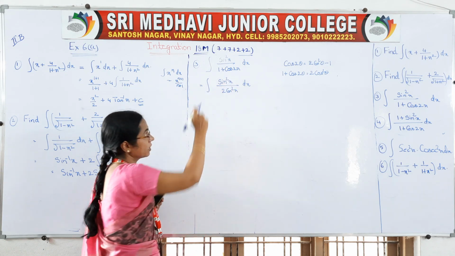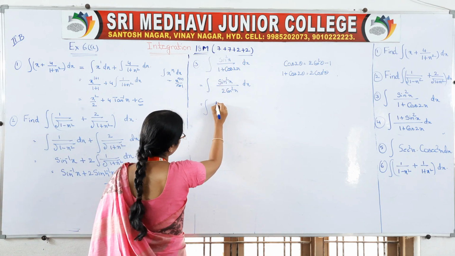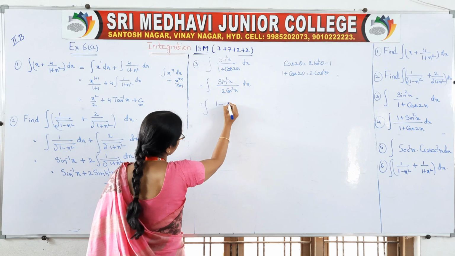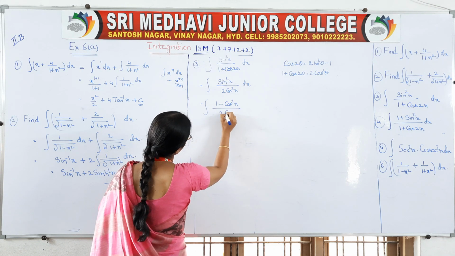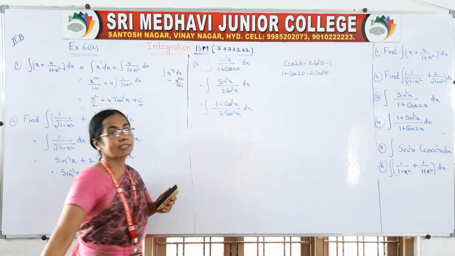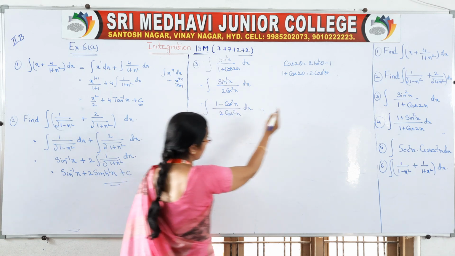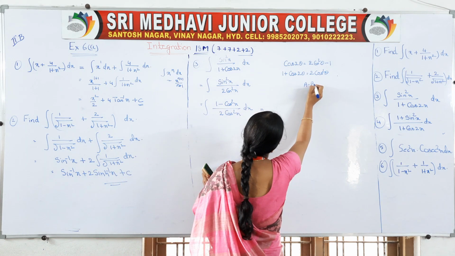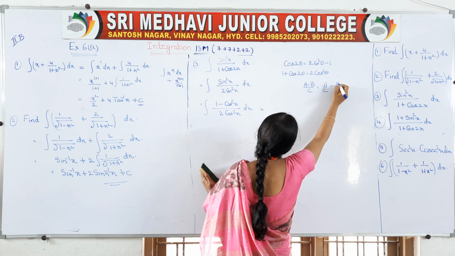This is sin square, this is cos square. So we will write, by using the identity, sin square as 1 minus cos square x by 2 cos square x into dx. Observe, this is of the form a minus b by c, which is equal to a by c minus b by c.